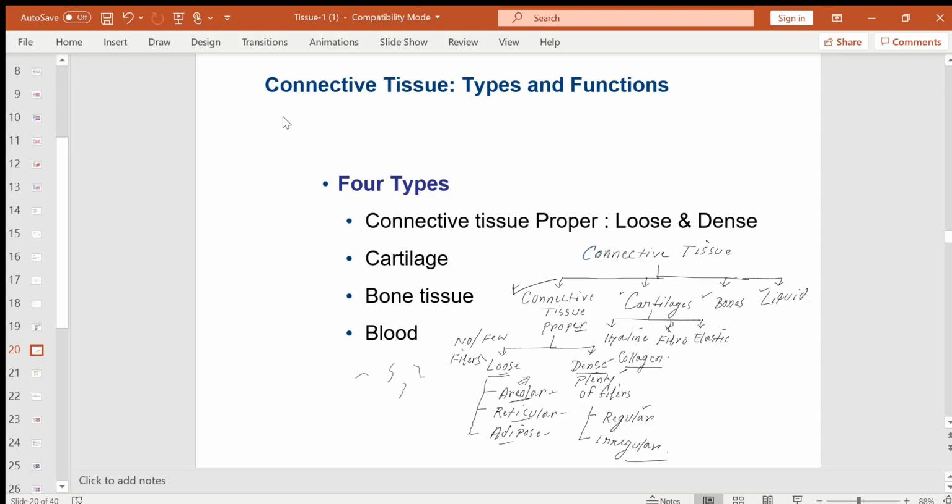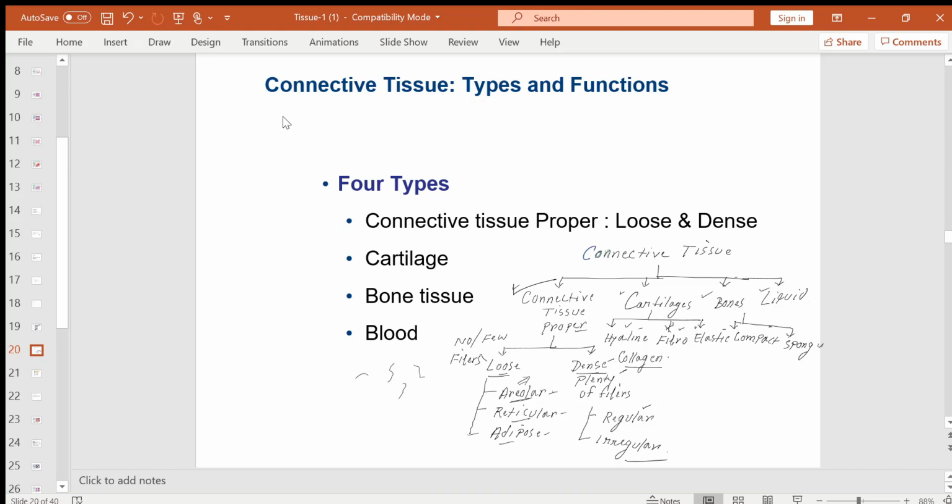We'll see where you will find them. Then bones, two types: compact, hard bone is the compact bone, and soft bone is the spongy bone.